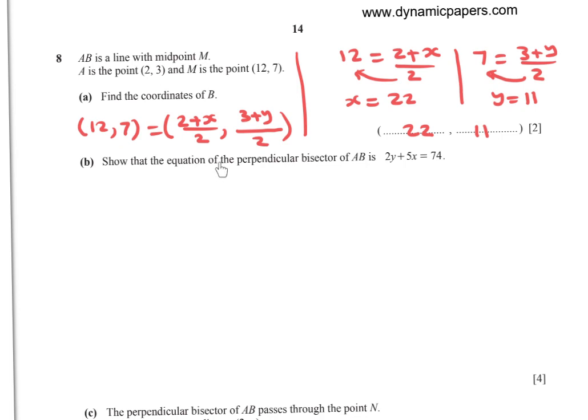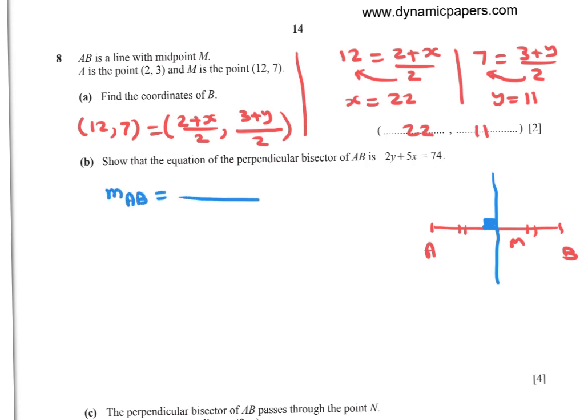Show that the equation of the perpendicular bisector of AB is 2y plus 5x equals 74. Now for the line AB and M the midpoint, we need to find the equation of the perpendicular bisector. So to find it, we need to find the gradient of AB first.